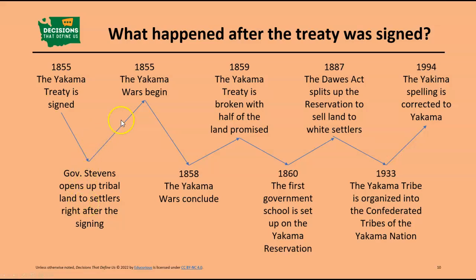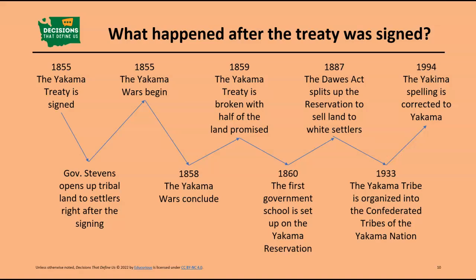Thing is, there's no provision for protecting the reservation and no time to really make sure that everybody's aware. And so as a result, as you see white people surging in and trying to assert control, unsurprisingly, you see the Yakama Confederated tribal members, especially ones who weren't there for the negotiations, begin to push back. And there's conflict, and that's the Yakama Wars.